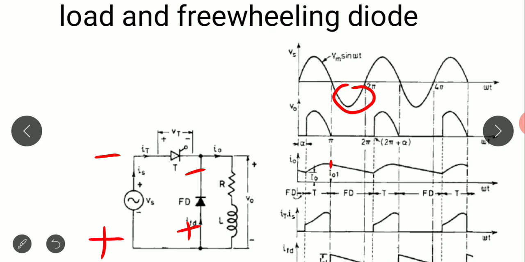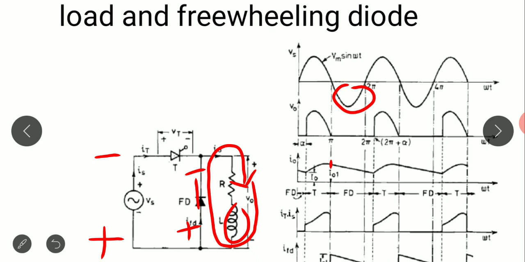That means it will conduct. And since this diode is conducting, now the energy stored in the inductor will get dissipated in the resistor through this diode. All the energy stored in the inductor will get dissipated in the resistor via this freewheeling diode. This period is called as freewheeling mode.